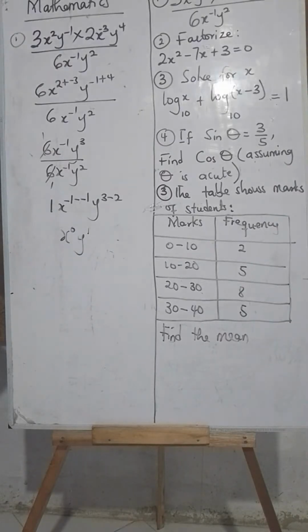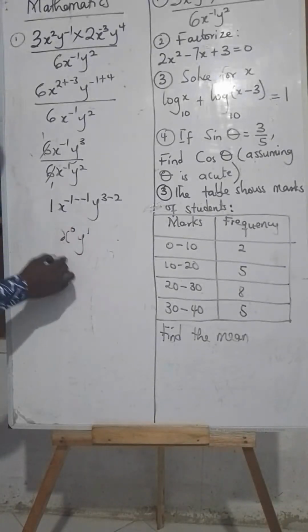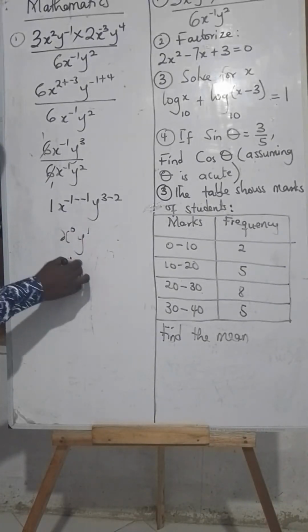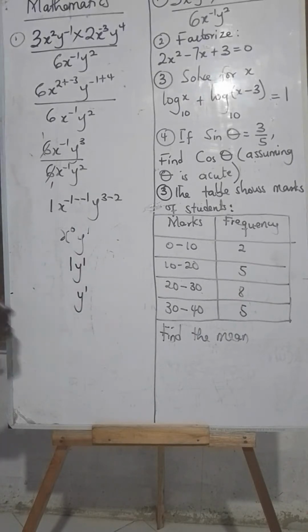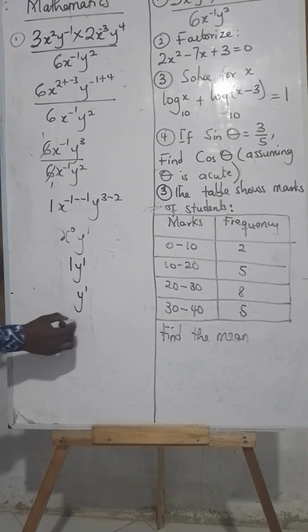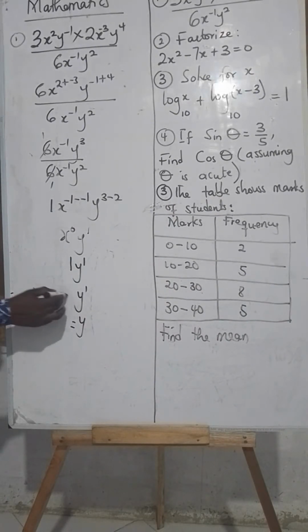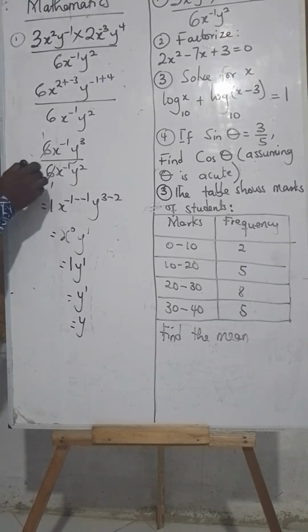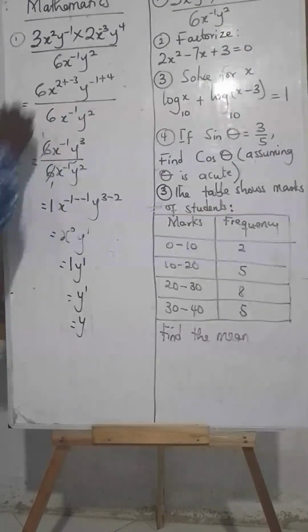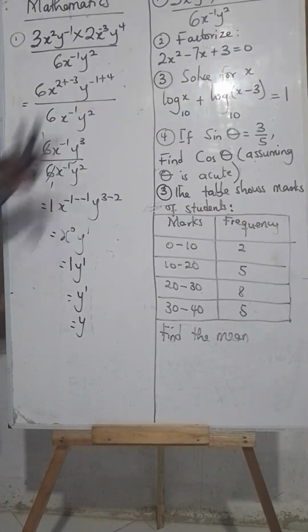So any number to the exponent of 0, that is what? 1. So that will be 1, and y exponent 1, or simply y, as the answer. So I hope that this is very simple for all of us.